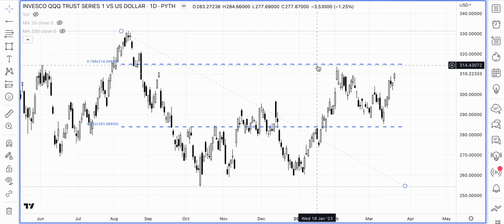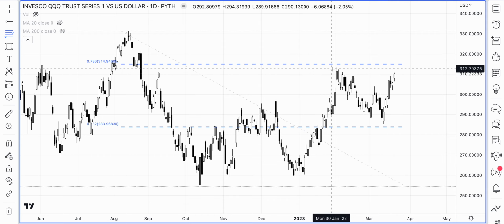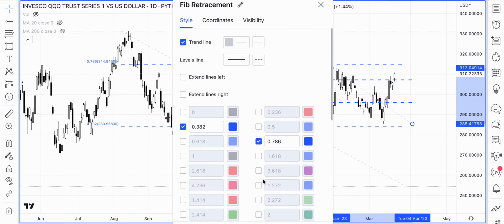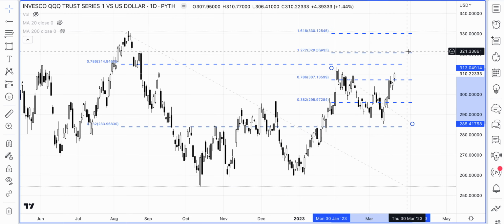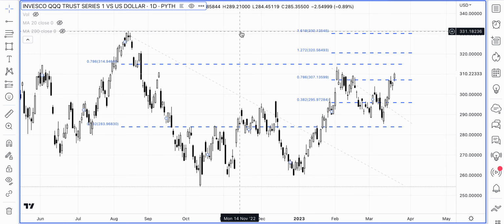So it looks like 315 quite easily. It looks like it can get there, just an expansion of this swing on the upper side. What we are looking for is, there we go, 320, and then the double top here. So we'll have to wait and see.